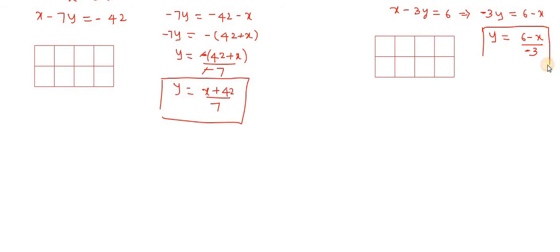Now what we can do, you can give the values for x and you can find the values of y. So now I'll give the values as minus 7, 0 and plus 7, so it is easy to find. And here I'll give the multiples of 3. Why? Because divide by 3 is there, here divide by 7 is there.